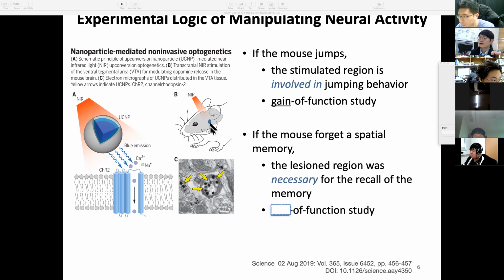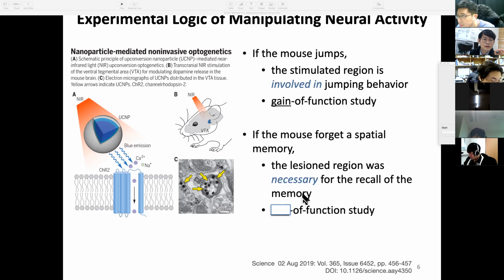On the other hand, let's say you pick an area of the mouse brain and you lesion that place, either by ablation, and you realize the mouse now forgets spatial memory, so it can't find the location very well. Then the lesioned region was at least necessary for recall of the memory.